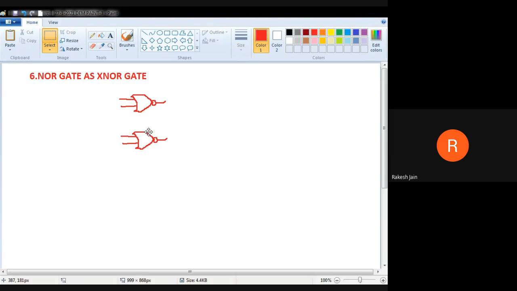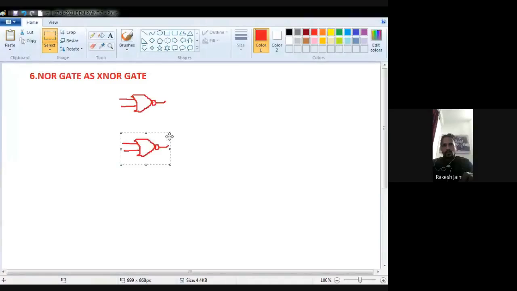Similarly, this is my one more NOR gate in which two inputs are there. Connect one input to each other. And then these two inputs are connected separately with the two inputs.